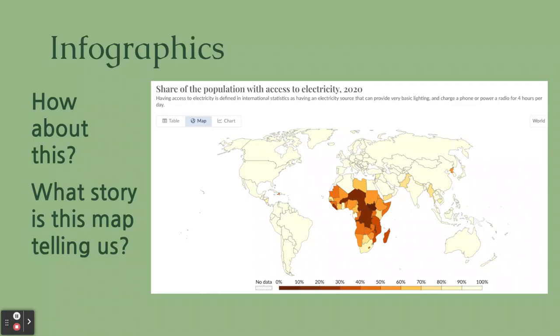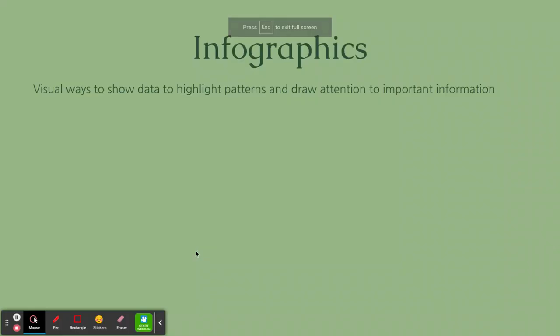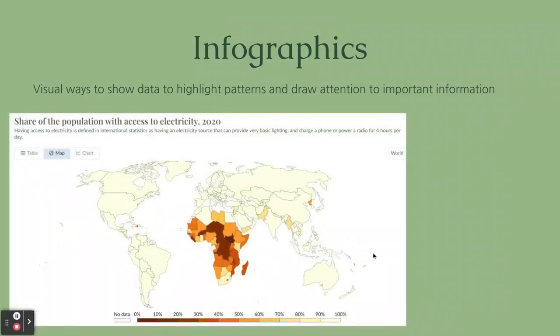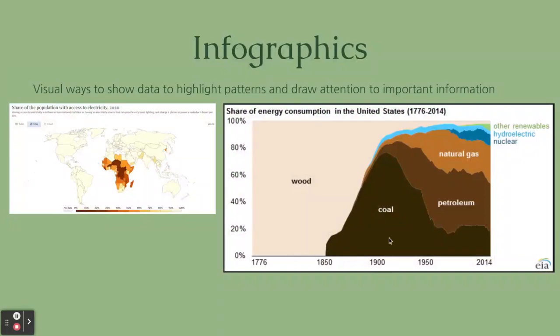So let's talk about different kinds of infographics that you might see in this evidence of climate change lesson. So we might see there are different kinds of maps. There are also these, I don't know what these are called, I'm going to call it an area plot. Somebody can correct me on that.